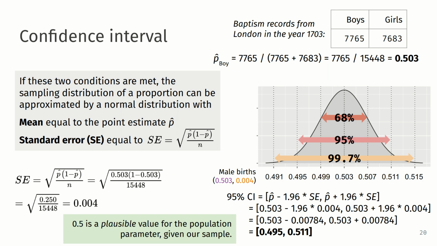And so, given that this is the case, 0.5, so 1/2, is a plausible value for the population parameter given our sample. It falls within the 95% confidence interval.